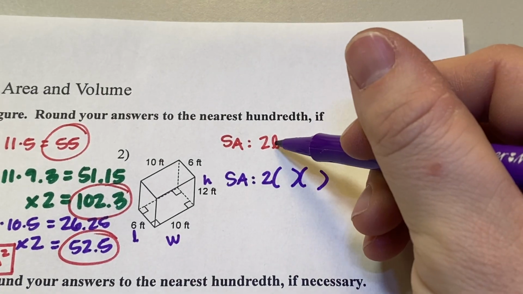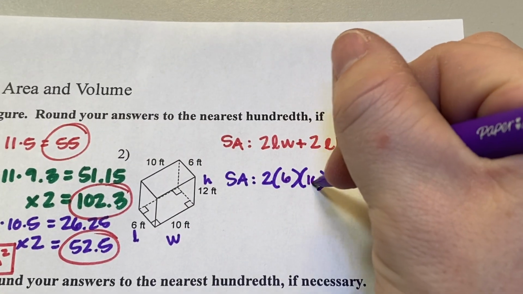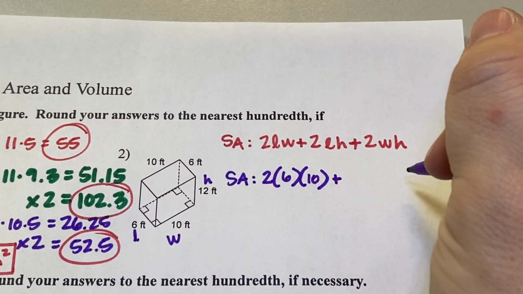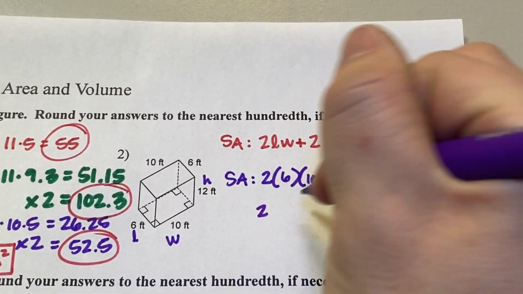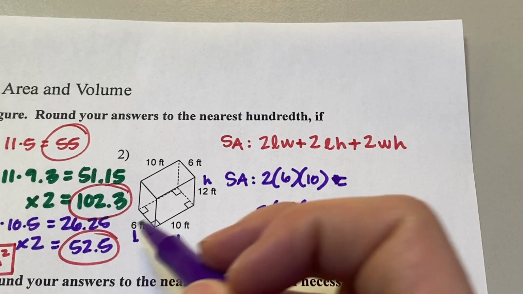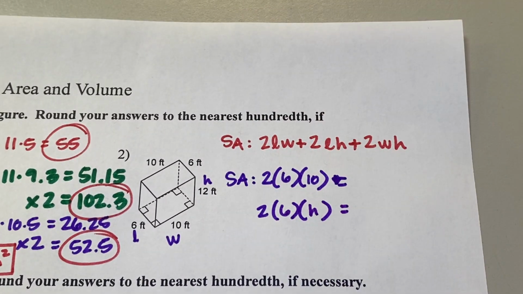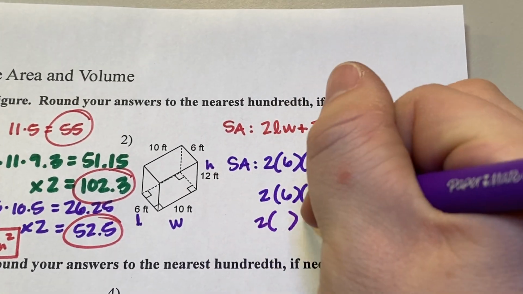Okay, now that we identified everything, our length, our width, and our height, let's plug it in. So the first piece is length times width. Well, that was 6 times 10. Okay, plus, and in fact I'm gonna do it down here and then we'll just add them all up. 2 times length times height. Well, my length again, 6 times my height, 12. And then I have 2 times my width and my height.